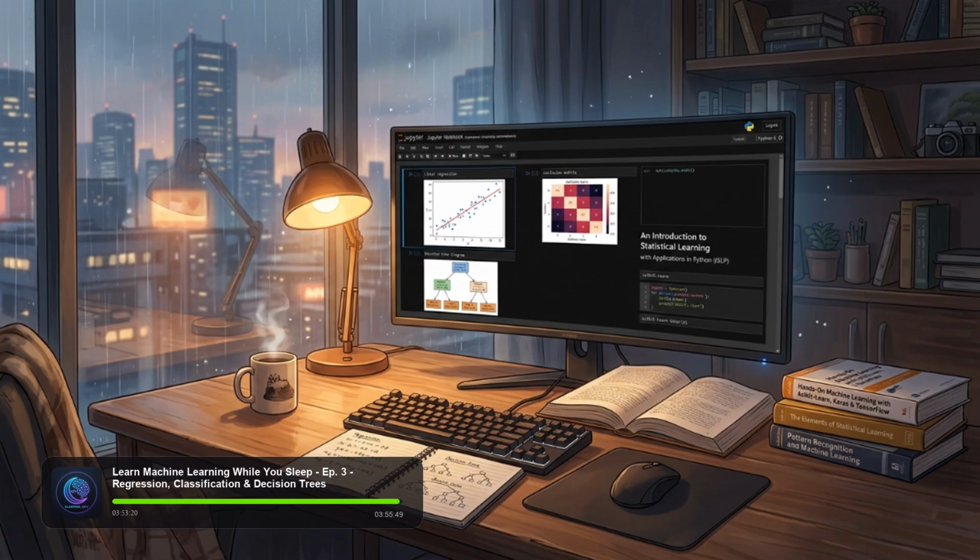For every transaction flagged as fraudulent, the API generates local explanation vectors using SHAP, which stands for Shapley Additive Explanations. Derived from cooperative game theory, SHAP values calculate the exact additive contribution of each input feature to the final prediction score relative to the baseline average prediction.